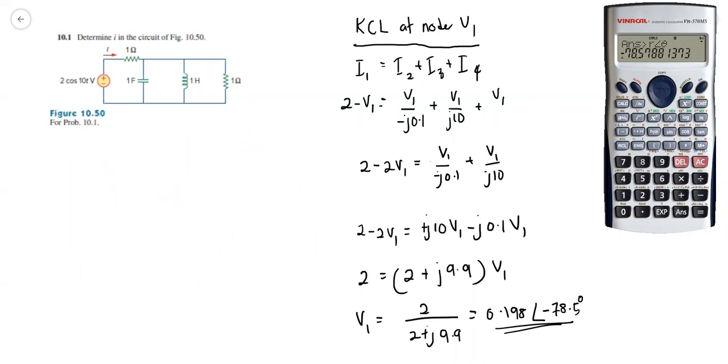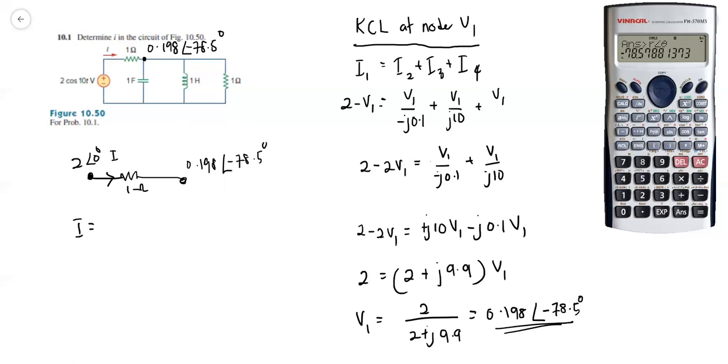The next move is to answer this question. V1 here is 0.198 with an angle of negative 78.5. So you have this node, which is 2 angle 0, and this node is 0.198 angle negative 78.5, and this one is a 1 ohm resistor with the current here.